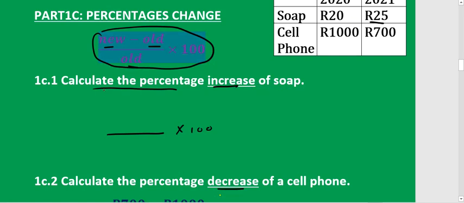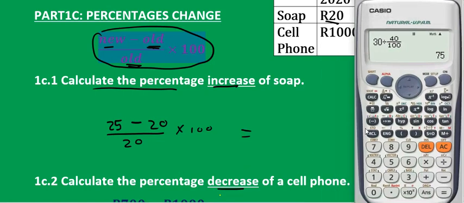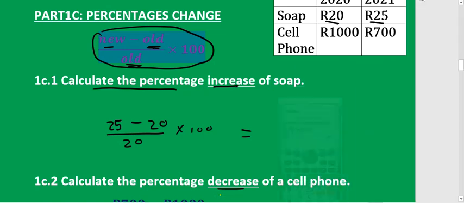The new price is 25 rands, so you take 25 minus the old price, and the old price was 20, and then you put that over the old price, of course 20, and you multiply all of that by 100. If you go to your calculator to work that out, it will be 25 minus 20 over 20 multiplied by 100, which of course will give you 25%.